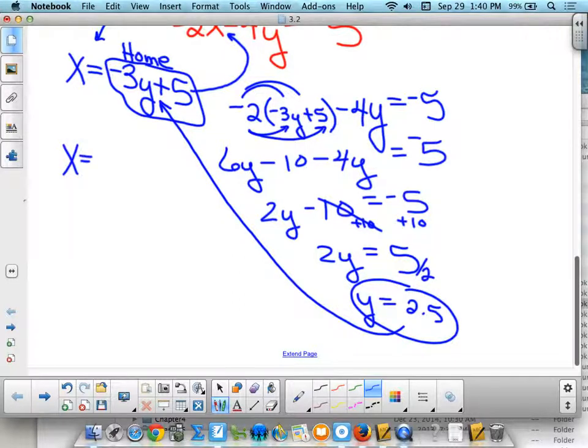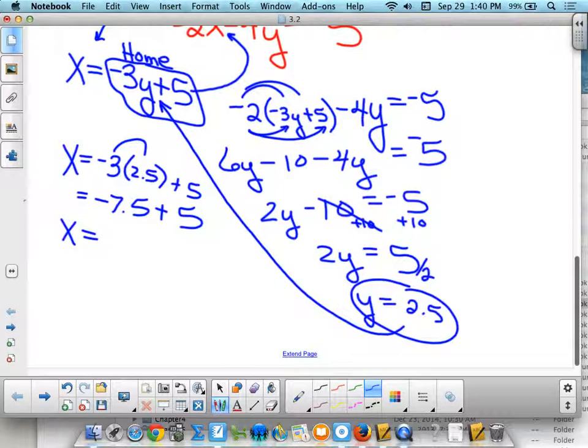X equals negative 3 times 2.5 plus 5. Here it comes. What was it? It's not 12.5. Negative 2.5. This is negative, this is positive.